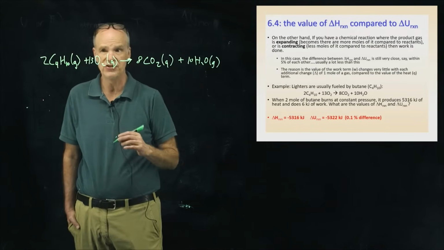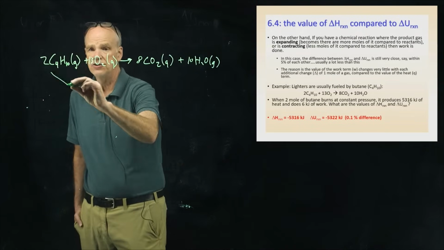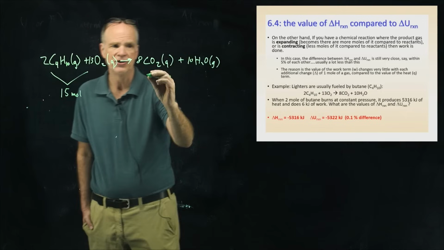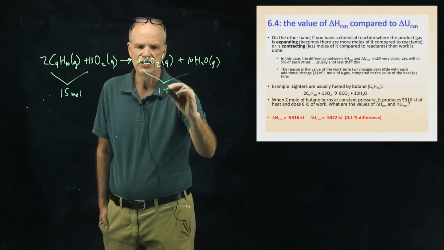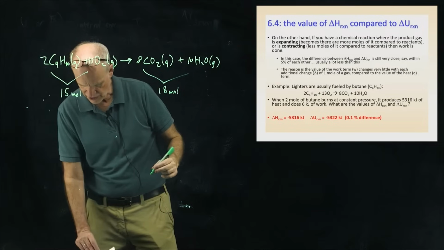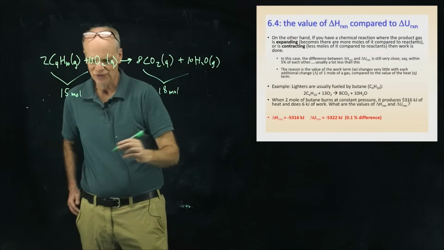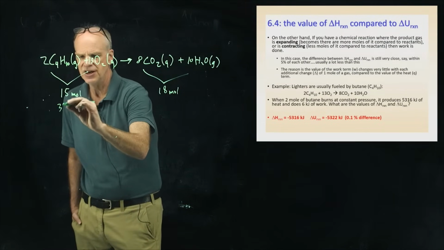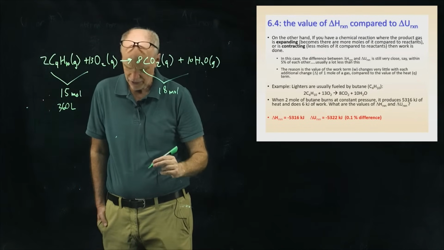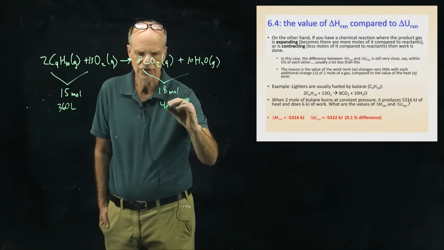The reason is that while you have 15 moles of reactants, you have 18 moles of products. I worked out what volume that is: 15 moles of reactants is 360 liters, and 18 moles of products is 432 liters.